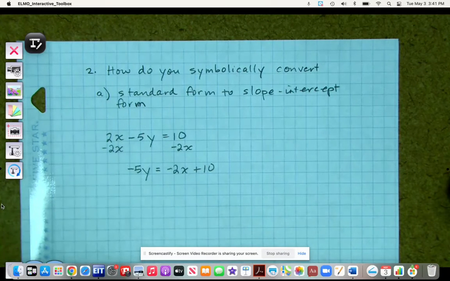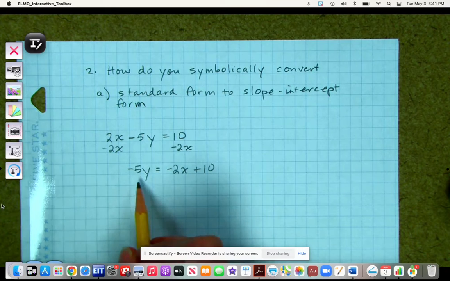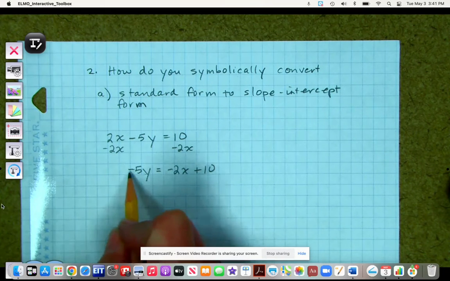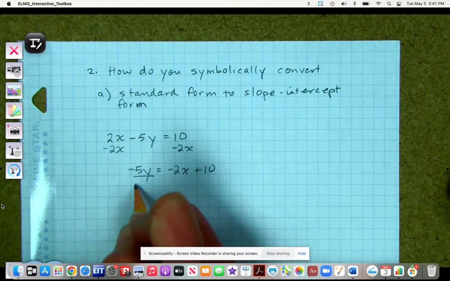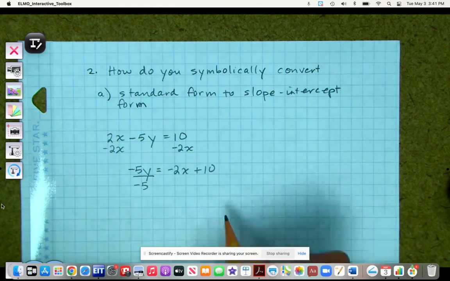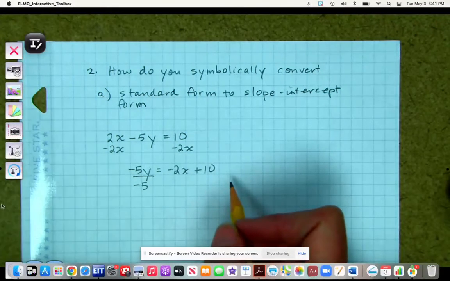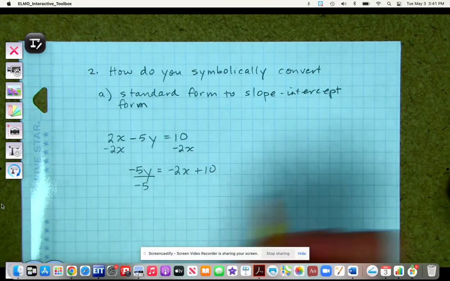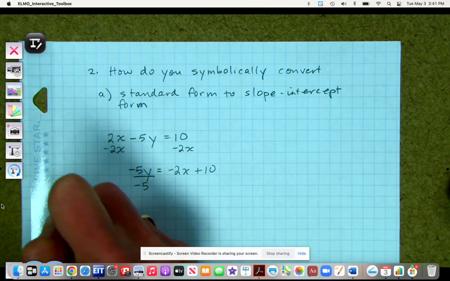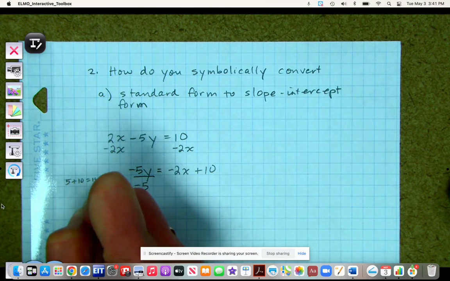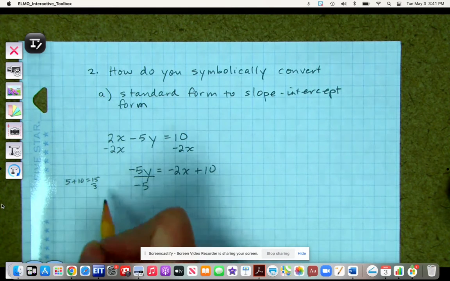Okay, and then I want to know what y is, not negative 5y. So to get rid of the negative 5, I'm going to divide this side by negative 5. And then I actually have to divide both of these things by negative 5. So if you remember when we talked about that in class, say I've got 5 plus 10 equals 15. If I divide this side by 3, this is going to be 5.